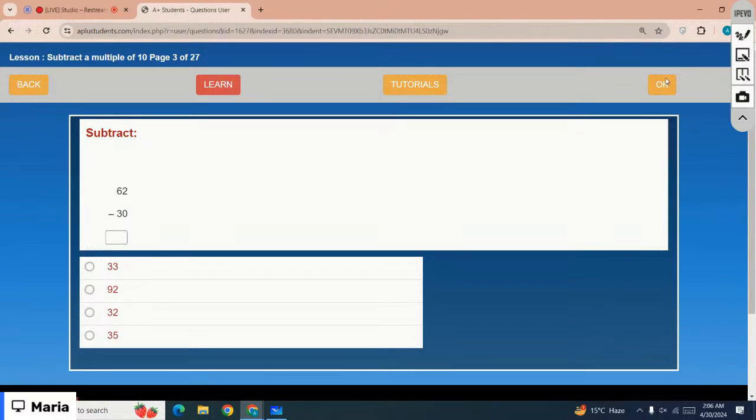62 minus 30, which is the correct option? 62 minus 30 equals 32. 2 minus 0 is 2 and 6 minus 3 is 3.